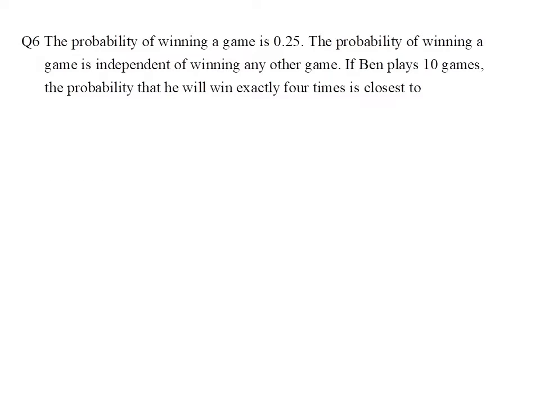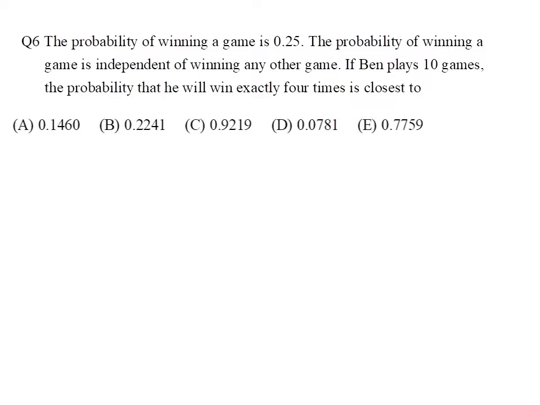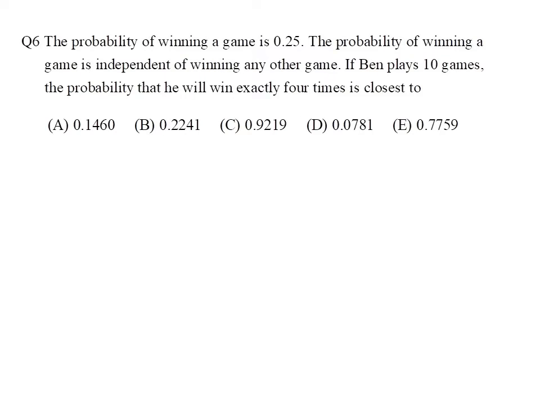Question 6 is a binomial probability distribution related question, which is based on a Bernoulli sequence. It states that the probability of winning a game is 0.25, which is independent. The question is to find the probability that he will win exactly 4 times, given that Ben plays 10 games.